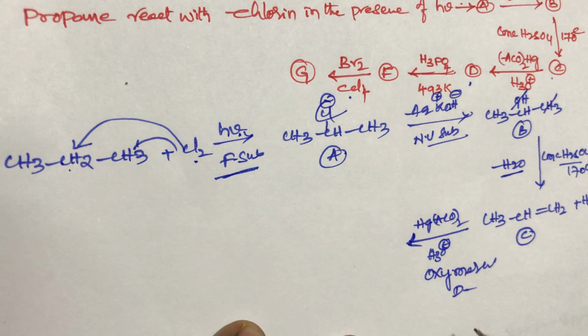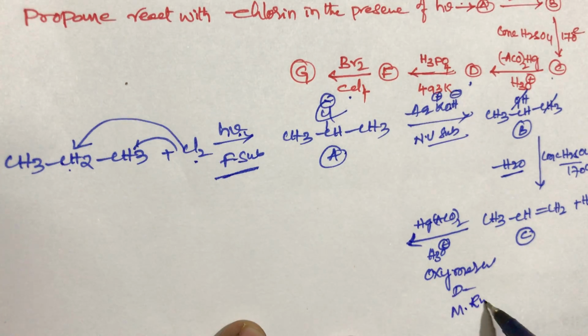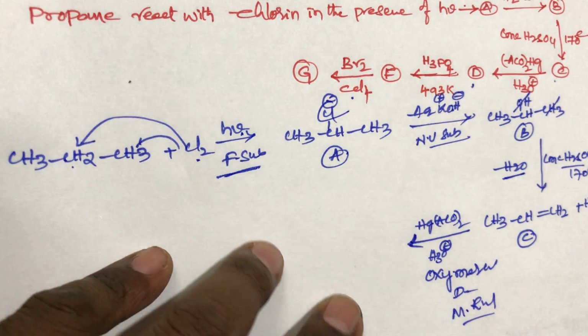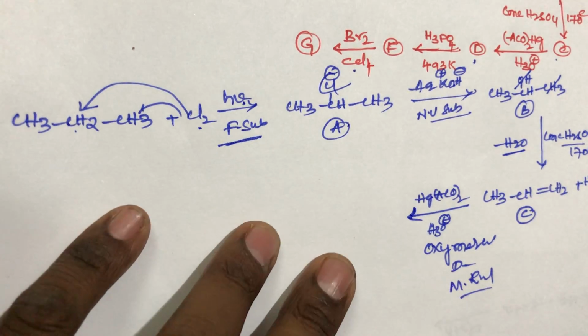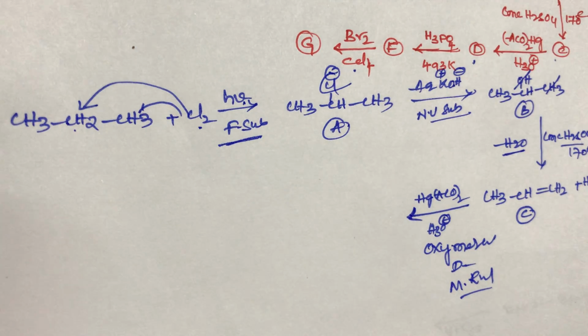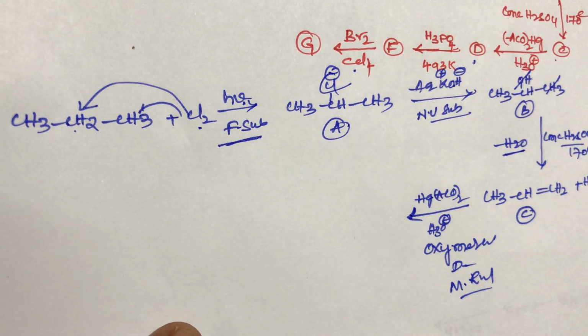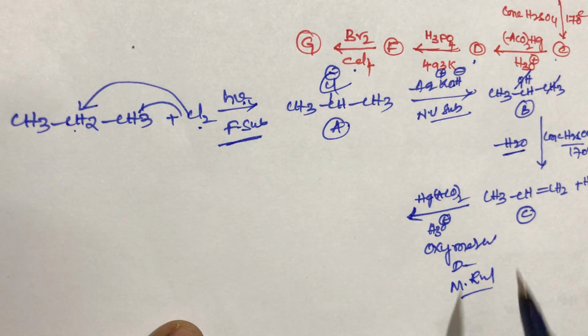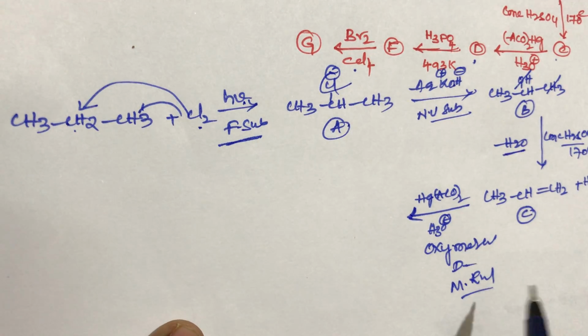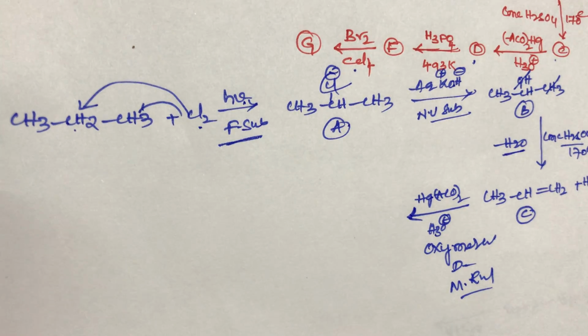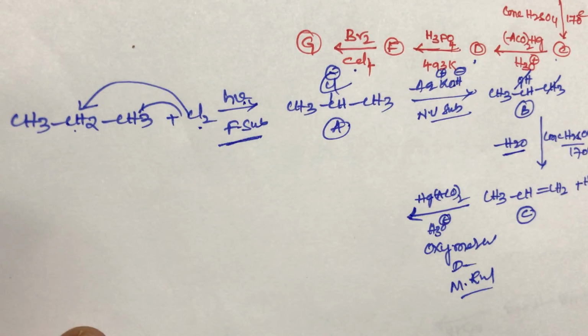We know it follows the Markovnikov rule. What is the Markovnikov rule, student? That is addition of water, hydration. Hydration means addition of water, and OH group will attack the carbon which contains less number of hydrogens. H plus will attack the carbon which contains more number of hydrogens.